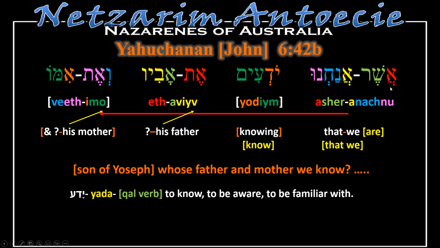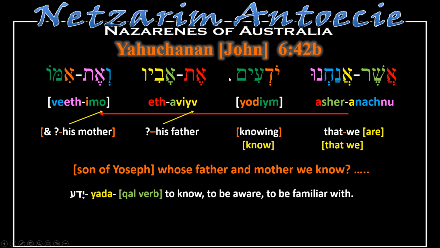So let us begin. Asher, that, anachnu, we, and I've added are, and you could also say that we are because it's based on the next word, yodim, meaning knowing.